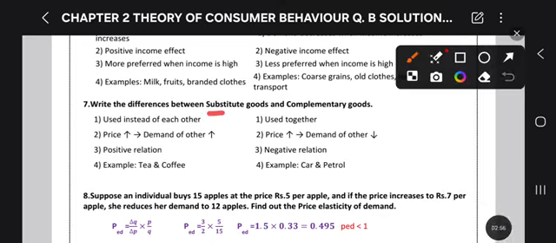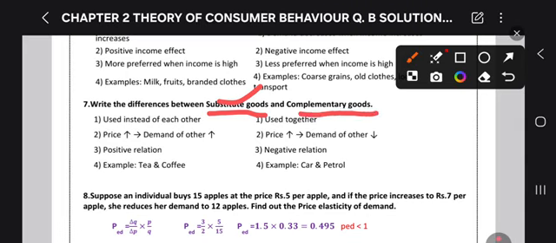For example, Gold Winner oil packet and Fortune oil packet, both prepared from sunflower. Ball pens: Reynolds pen, Rotomac pen. Pencils: Natraj pencil, Apsara pencil. These are suitable examples for substitutes.